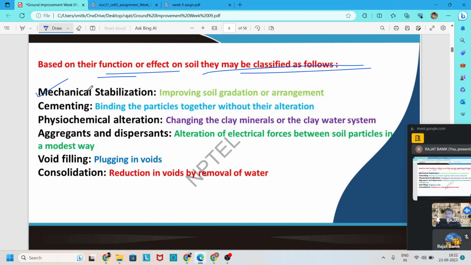In aggregates and dispersion, we alter the electrical force between the soil particles in a modest way. Void filling is plugging the voids. Consolidation, we already discussed. In consolidation, we reduce the voids by removal of the water. By these different ways, we stabilize or improve our soil.